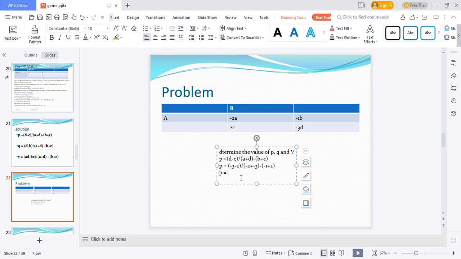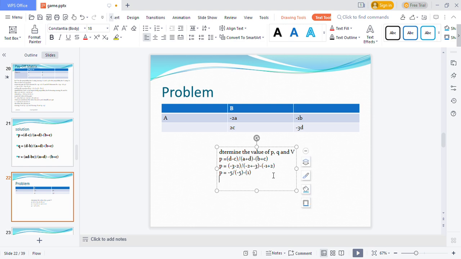Negative 3 minus 2, you get negative 5, divide by negative 2 plus negative 3, that is negative 5, in bracket, minus, you open the bracket, negative 1 plus 2, you get 1, you close the bracket.